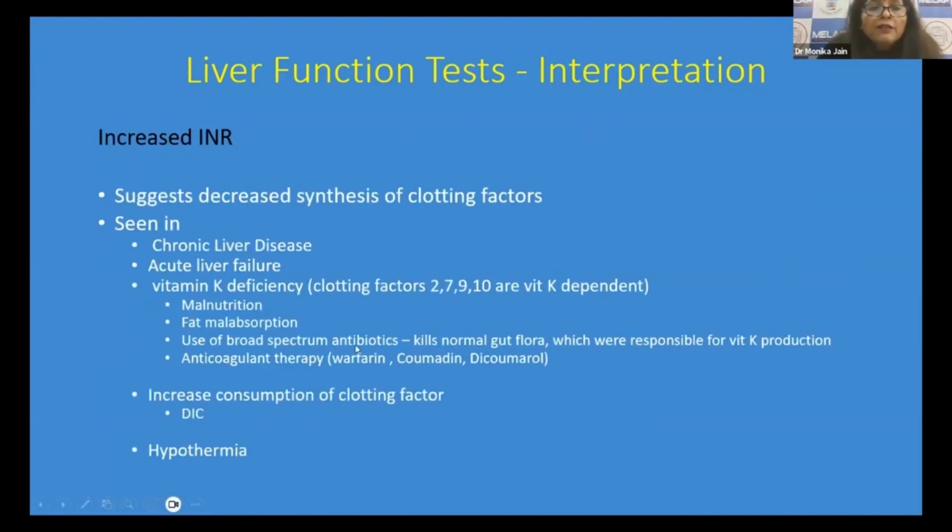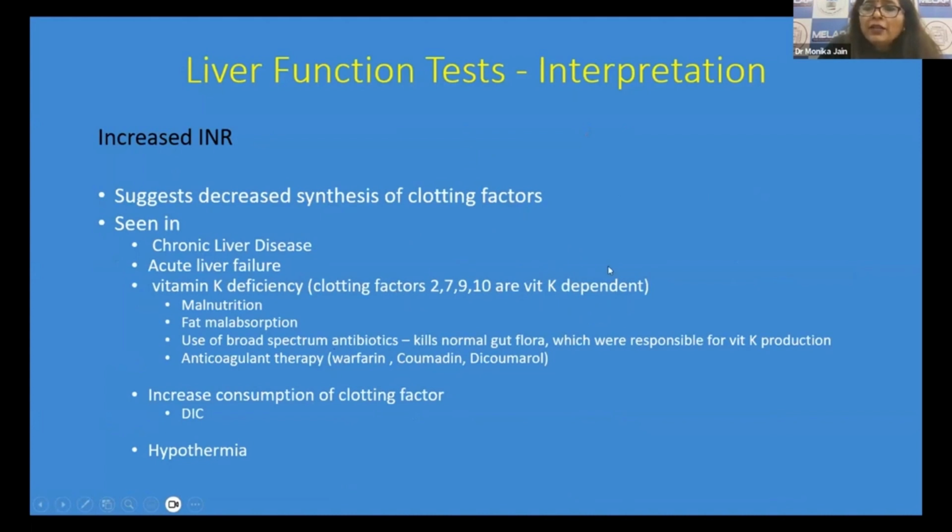What are the conditions in which INR is increased? This suggests there is decreased synthesis of clotting factors. So this can occur in chronic liver disease, acute liver failure, and vitamin K deficiency, because all these clotting factors 2, 7, 9, 10 are vitamin K dependent.